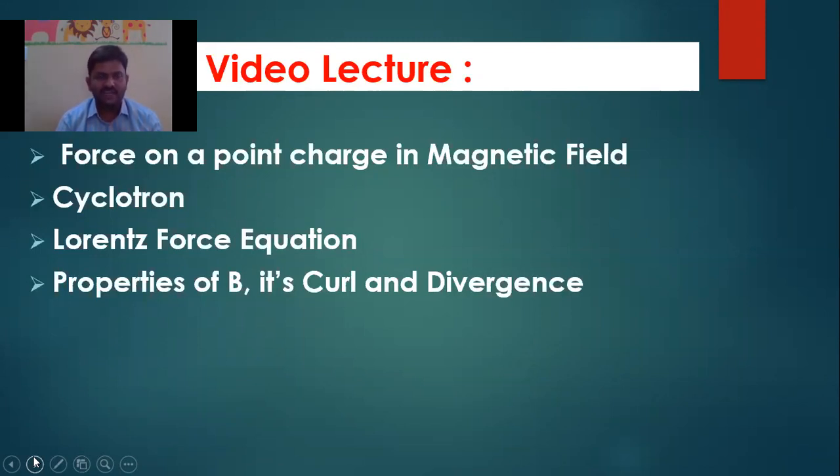Then based on that, we'll see what is a cyclotron and what is the principle behind the functioning of a cyclotron. And then we'll see Lorentz force equation and properties of B, that is curl and divergence of B. We will see these topics in this video.